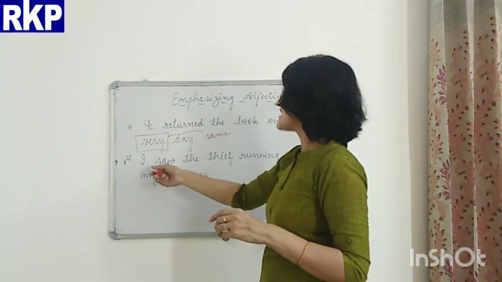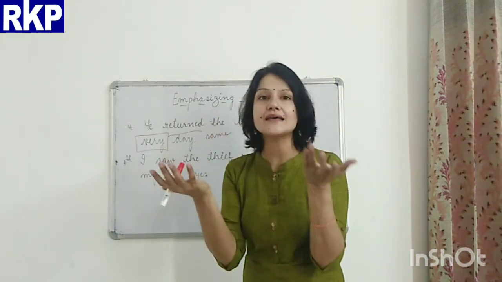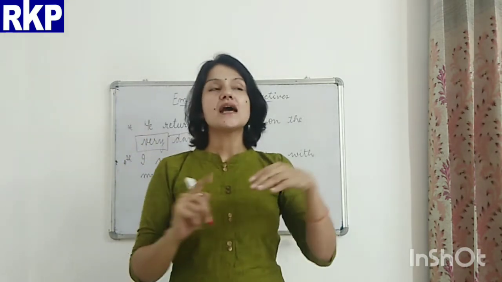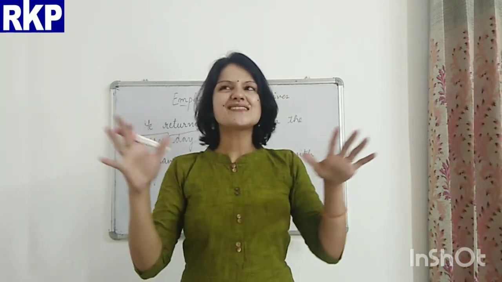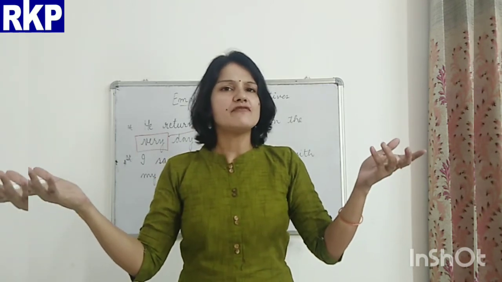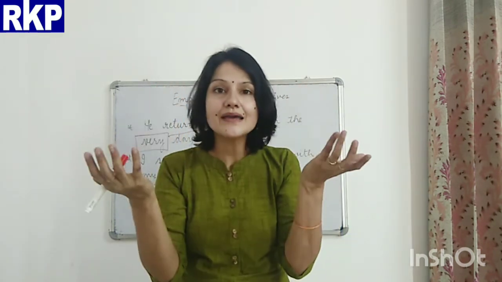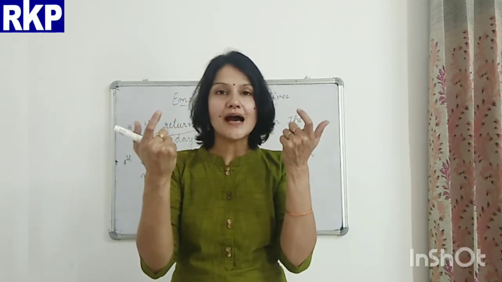Now next is, I saw the thief running with my own eyes. Now, you will be able to understand the difference here. If I say, I saw the thief running, it sounds okay, fine, simple. Somebody may not believe me, but when I say I saw the thief running with my own eyes, when I use own with my eyes, it puts more emphasis on this thing.